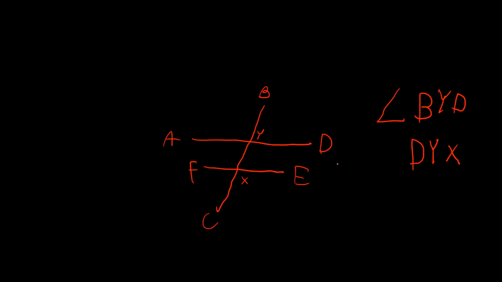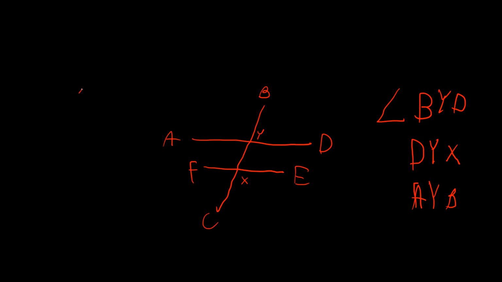Another adjacent angle is AYB because they share the same vertex Y and the same side B. So this is AYB.